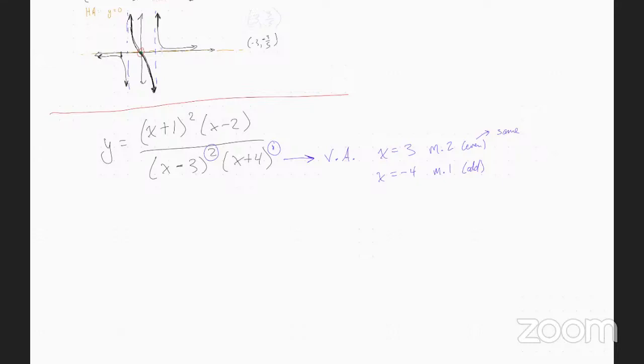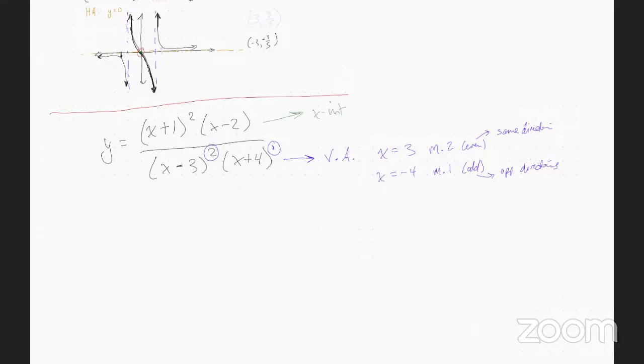Now, when you're talking about zeros, the numerator tells me my zeros are my x-intercepts, right? So if we have two x-intercepts, -1 and 2.